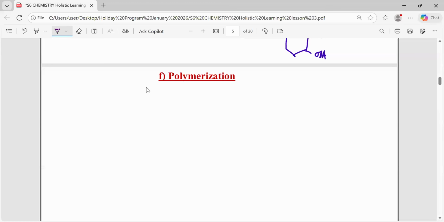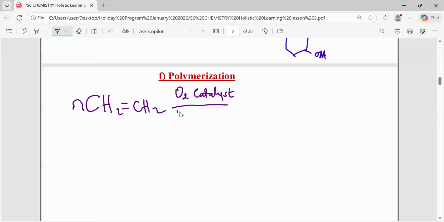Oh, it's okay. For polymerization, I had left this for an alkene. When an alkene undergoes polymerization, a number of them, so we put N to show that a number of alkenes are undergoing this polymerization process. I had given the conditions: presence of oxygen as catalyst, high temperatures, and also high pressure.